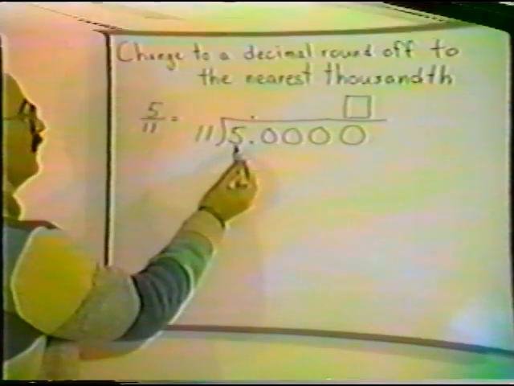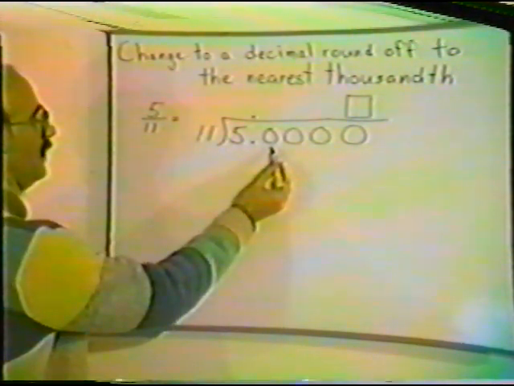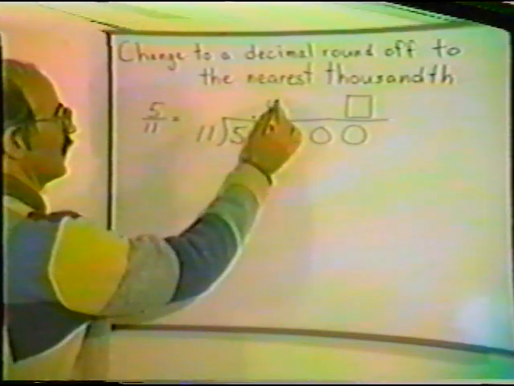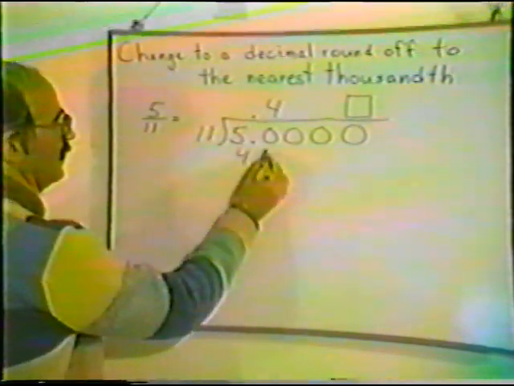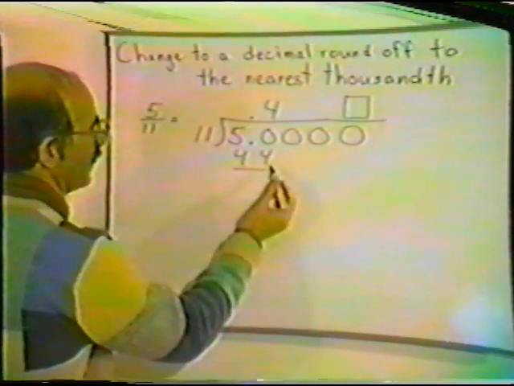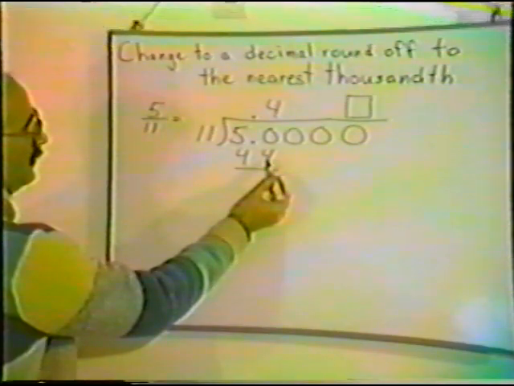11 will not fit into 5. How many 11s in 50? 4. 4 times 11 is 44. 0 take away 4, can't do.